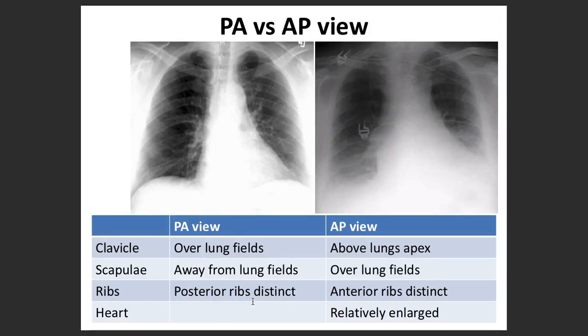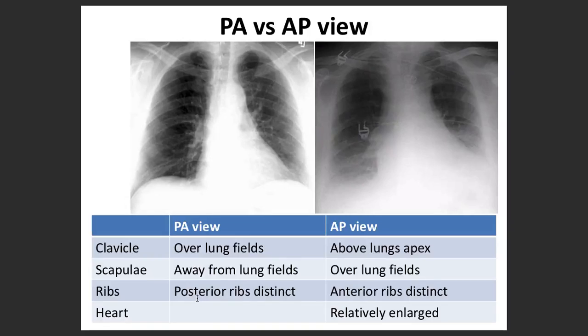Similarly, if you look for the scapulae, if they are away from the lung fields, this is the PA view, okay? And similarly, you should also try to visualize the posterior ribs. Are they visible or not? If you are able to see them, yes, this is the normal PA view.